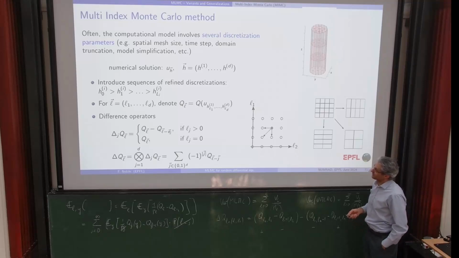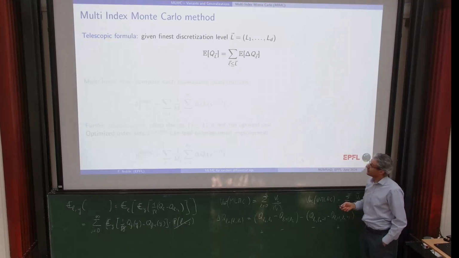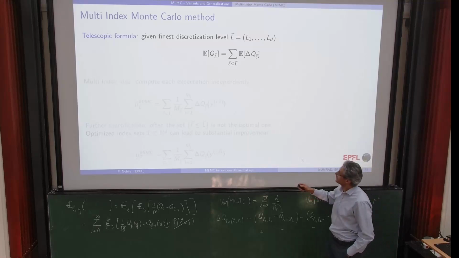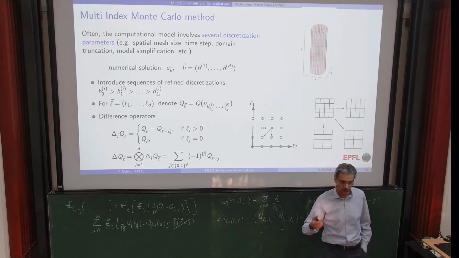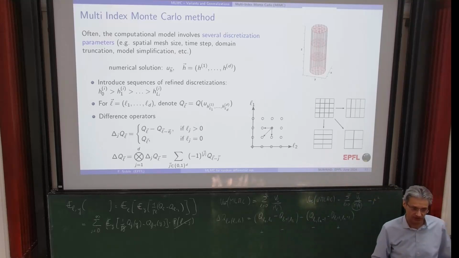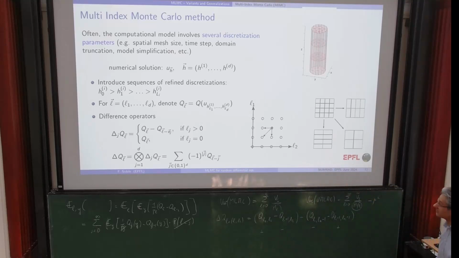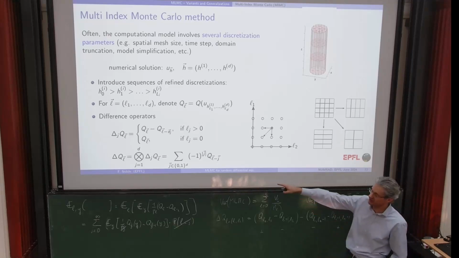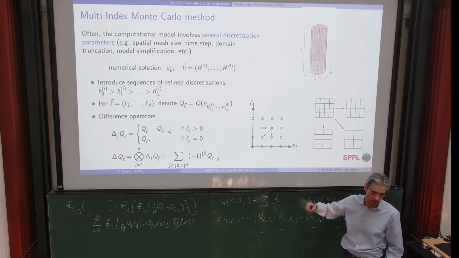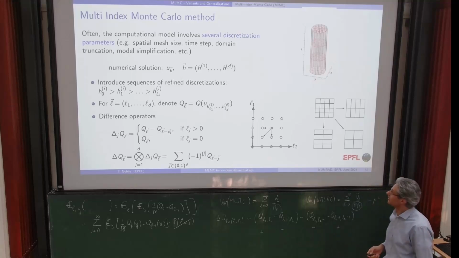Okay, so now, how do I generalize the telescopic sum that was at the origin of the multilevel Monte Carlo? Well, this telescopic sum does have a multidimensional extension, a generalization, using these multiple differences.